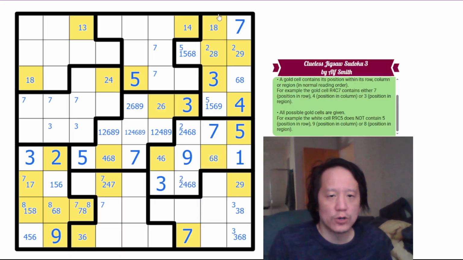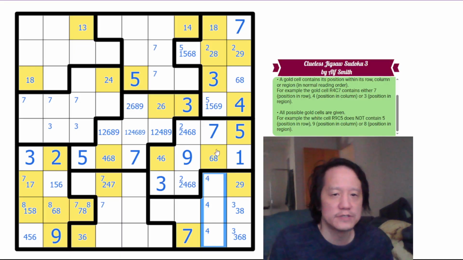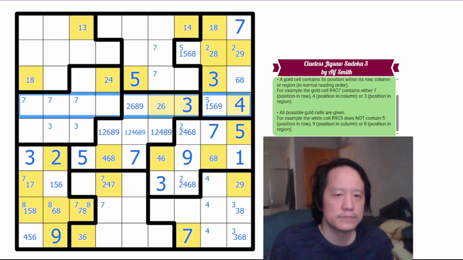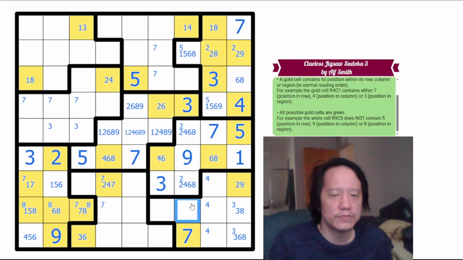Where's the 4 in column 8? Can't be here because of the 4 in the box. This doesn't match as a gold cell. That's already filled out. So 4 has to be one of these 3 cells. Where? No, that's not true.